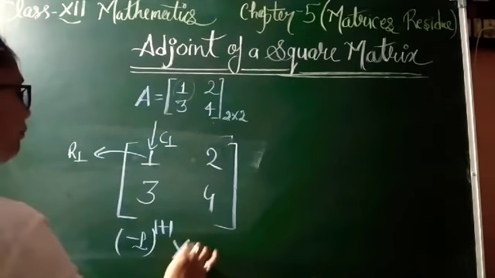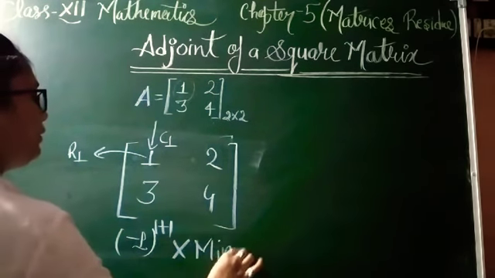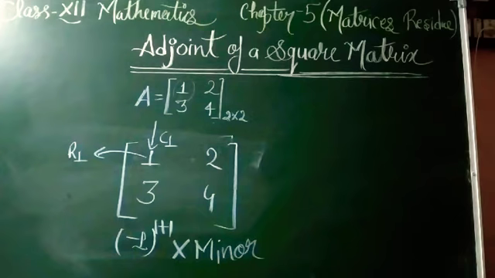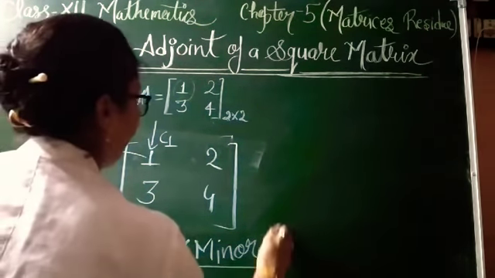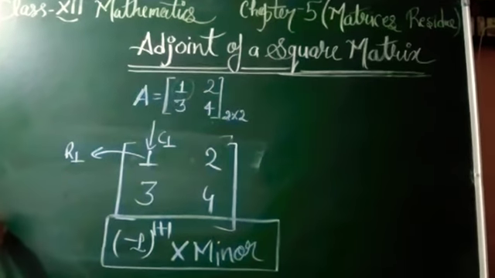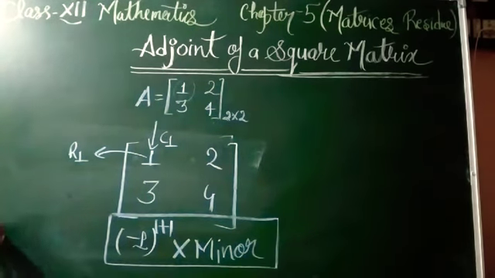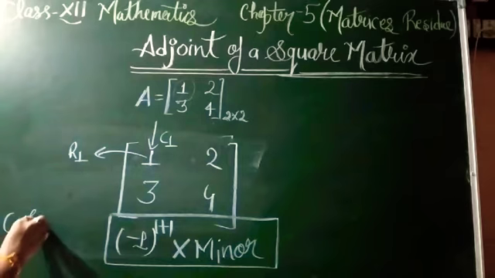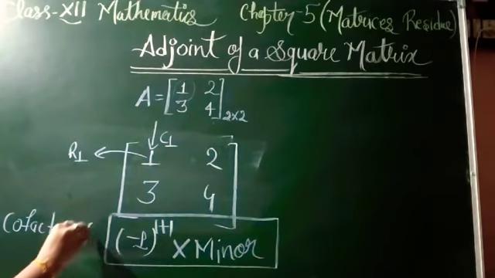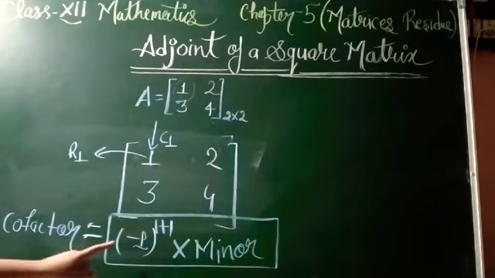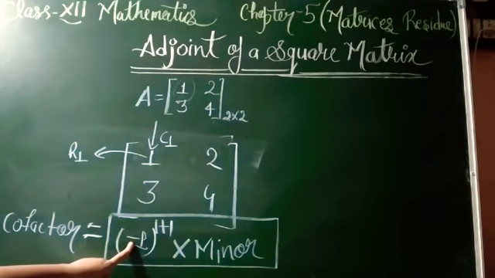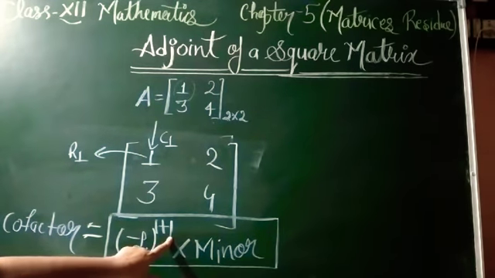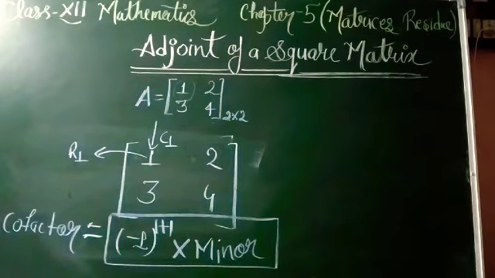Multiply by the minor. Like that we find the cofactor. Here the cofactor is equal to negative 1 raised to the power 1 plus 1 multiplied by the minor.